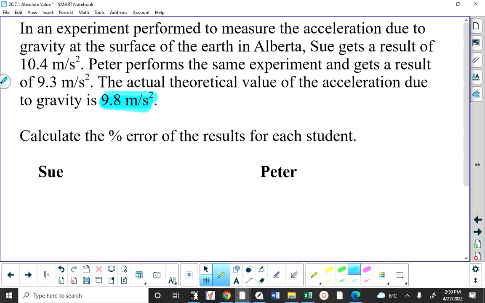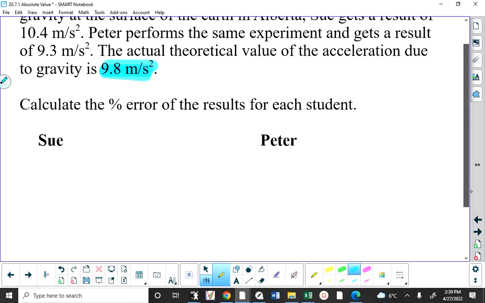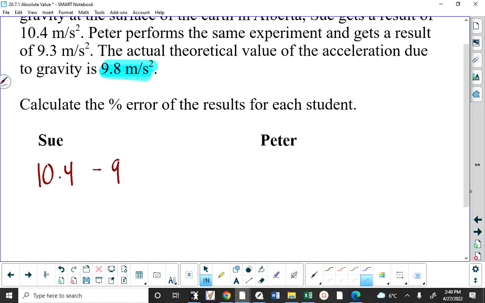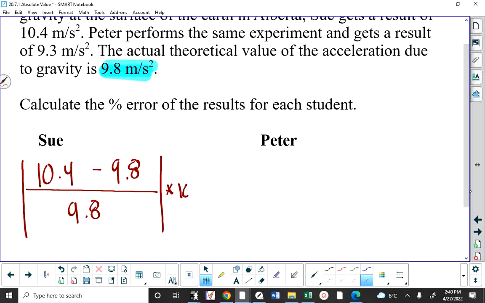So the formula that you're looking at says you take the experimental value, which for Sue is 10.4, minus the theoretical, 9.8, over 9.8. You take the absolute value of that and you multiply by 100.